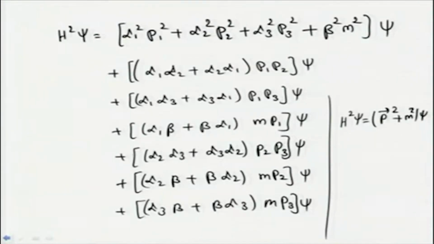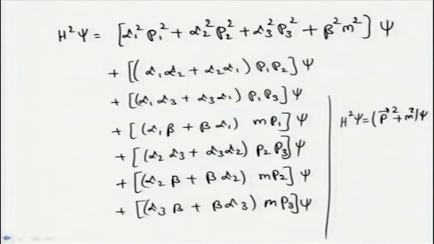But in general, if you want this to be so, then each of these coefficients alpha 1 alpha 2 plus alpha 2 alpha 1 should vanish, and they will vanish like that only if either alpha 1 or alpha 2 is equal to 0. That will also not give you a general case, because otherwise there won't be either a P1 square or a P2 square term in H square, which is not allowed.